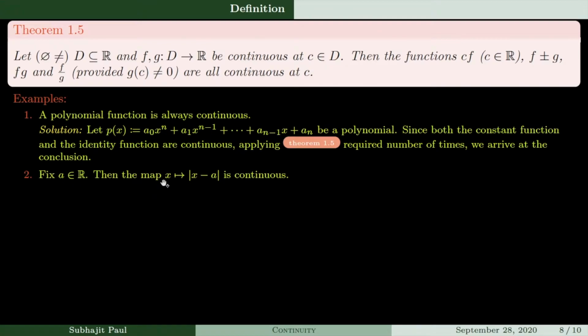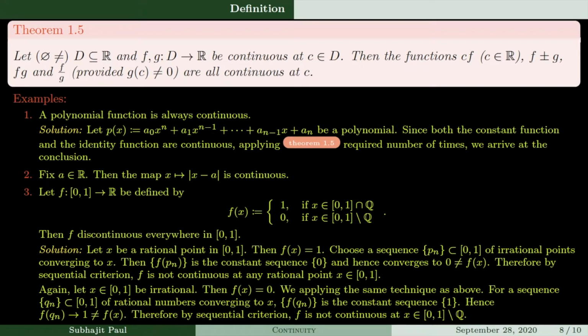If a equals 10, f(x) will be mod of x minus 10. So for any real value a, you need to show that the map f(x) equals mod of x minus a is a continuous function. Okay, if you draw that graph, it will be very intuitive for you, almost clear, and then you just need to write down the things formally.